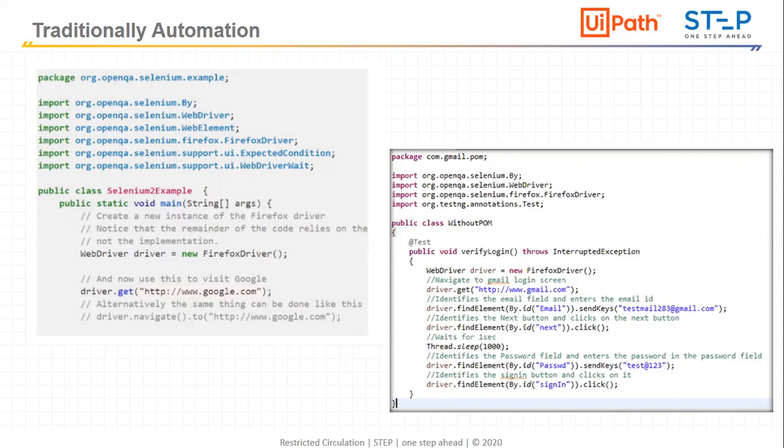Your logic should be clear. What you need to code, you need to define in those functions. You can see here this public class Selenium example, and this verify login is a function. What type of functions, how to write that function, how that function can retrieve the value, which packages we need to import, the multiple coding level language knowledge, and the different types of technologies we are going to use.